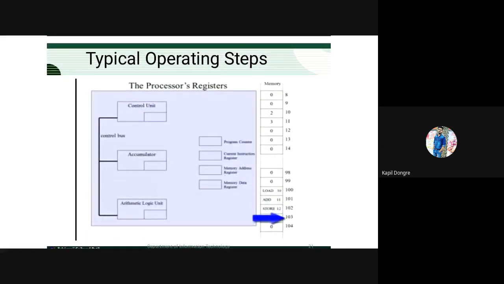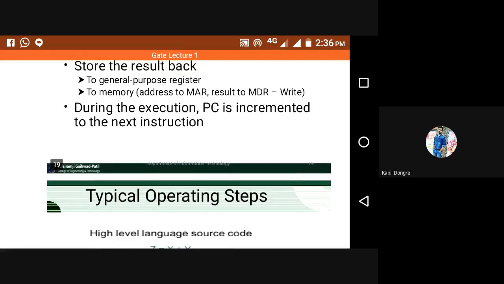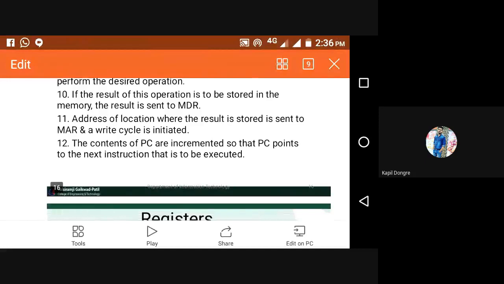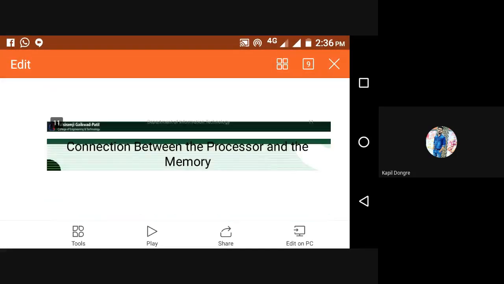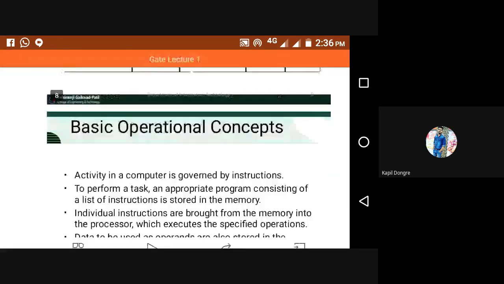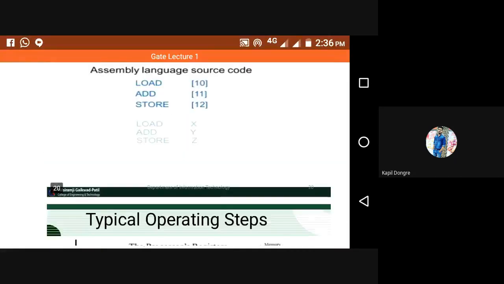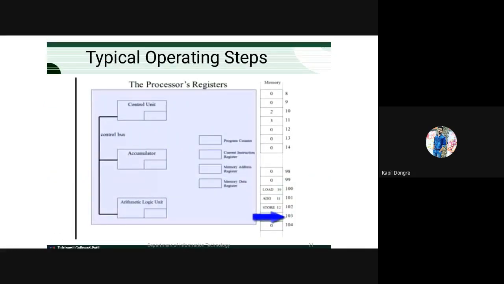Typical operating systems we have one representation, so what are the instructions we have?